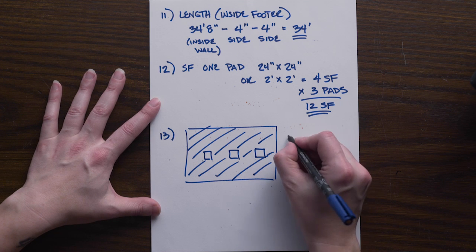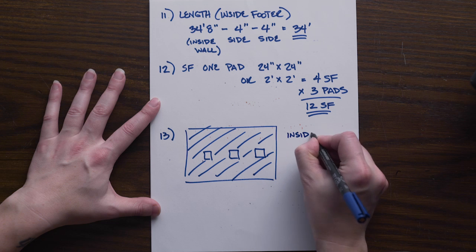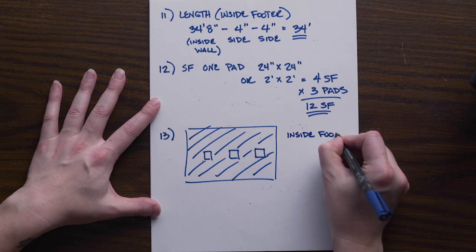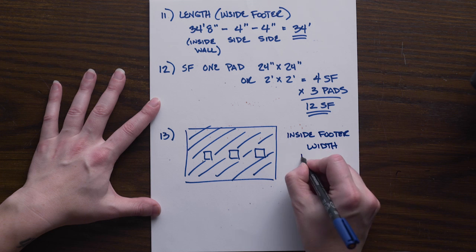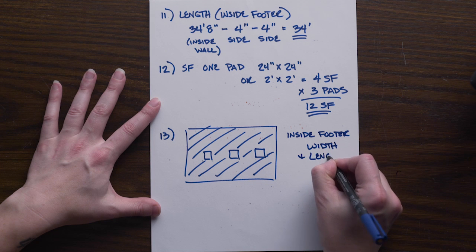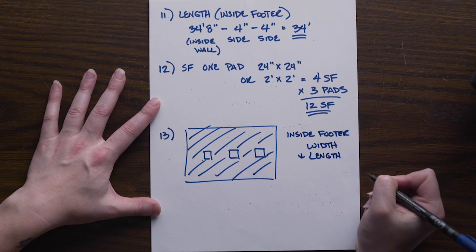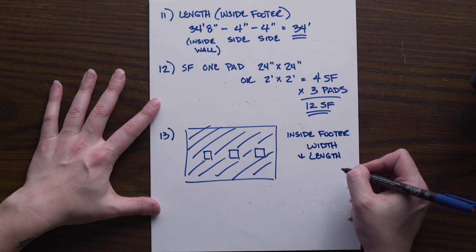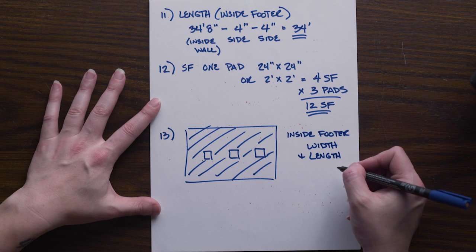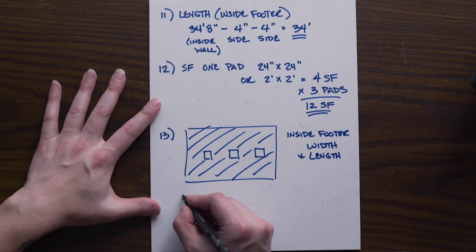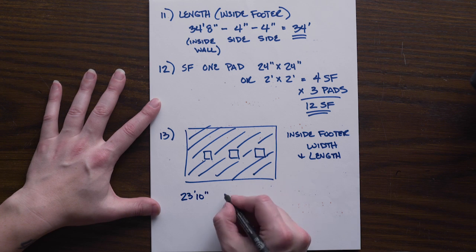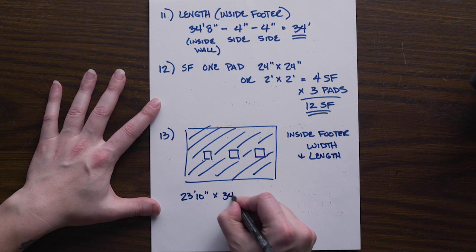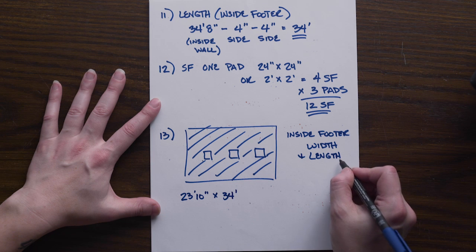So we calculated the inside footer width and length. That was our 23 foot 10, as well as the 34 from number 10 and number 11. So we have 23 foot 10 inches for our width. We have 34 feet for our length.